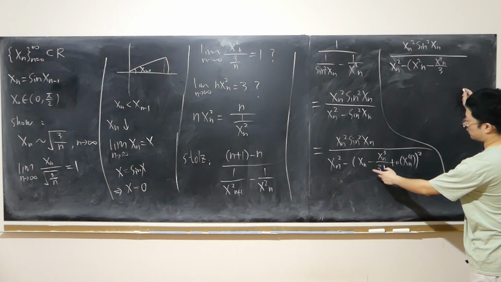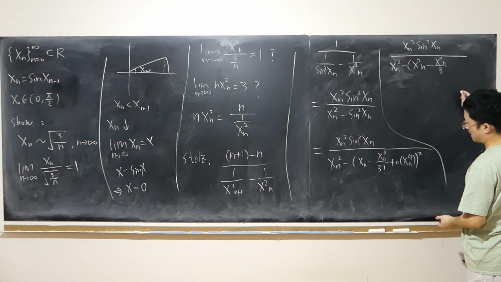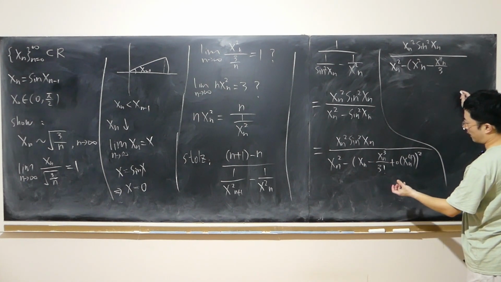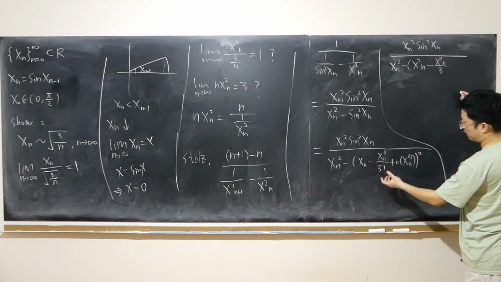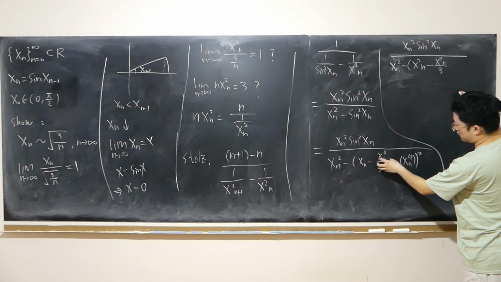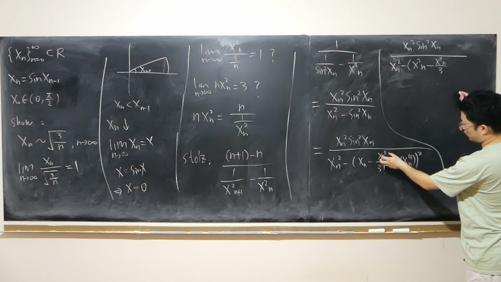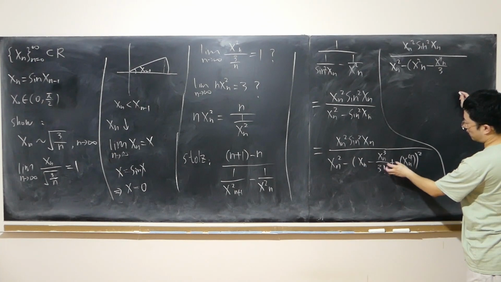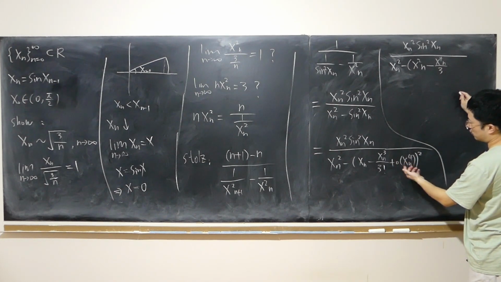Next, this term multiplied by this term gives little o of xn to the fifth, but I can still categorize it into little o of xn to the fourth. That's perfectly legal. Multiplied by itself gives xn to the sixth, which I can still put into little o of xn to the fourth. And so is this one: little o of xn to the seventh, still little o of xn to the fourth.